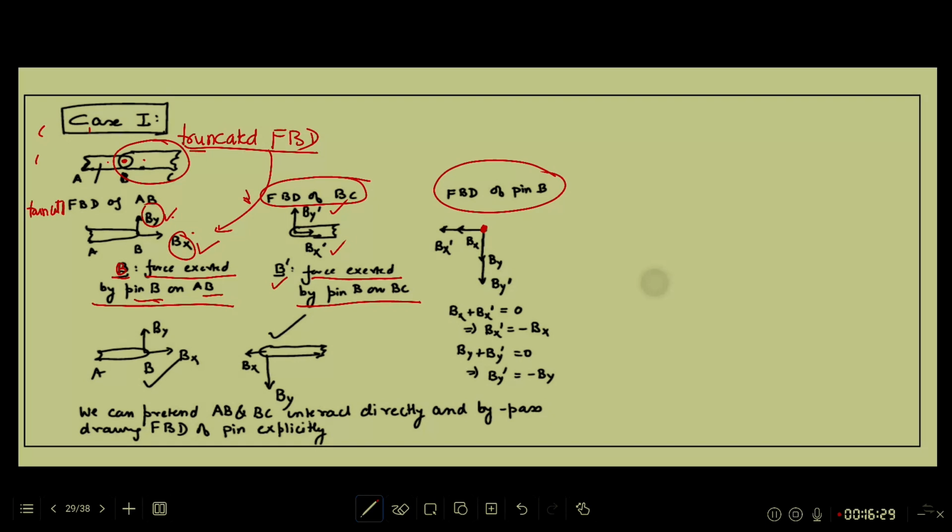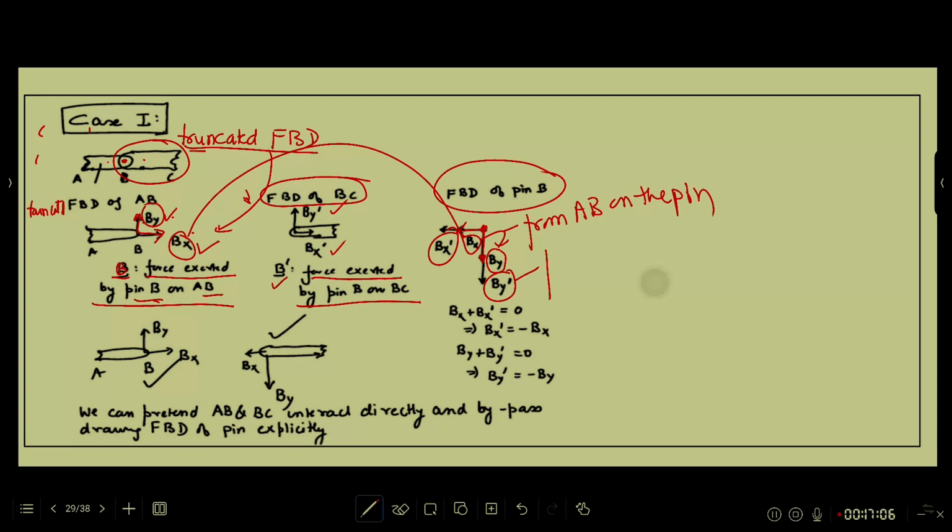Here it was from left to right. Here I had a force By in positive y direction. I have put a force By in minus y direction. Okay, so these 2 components are coming from AB on the pin. Similarly, these 2 components are coming from BC on the pin.